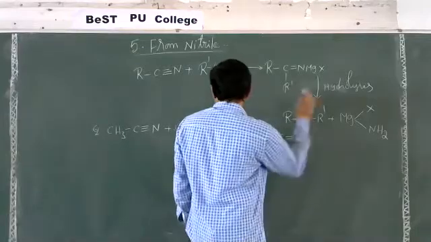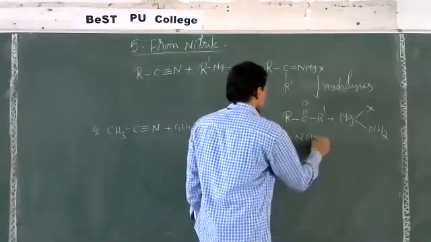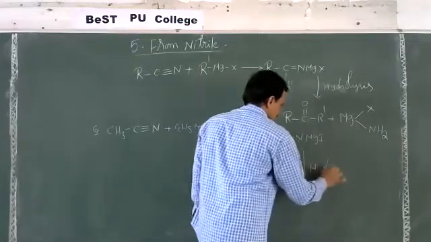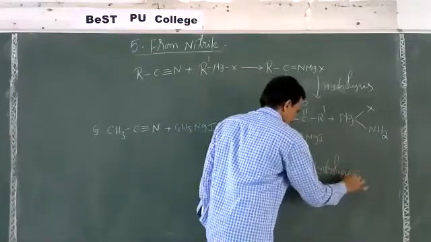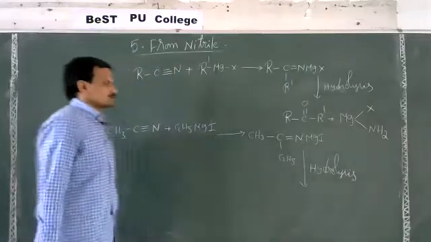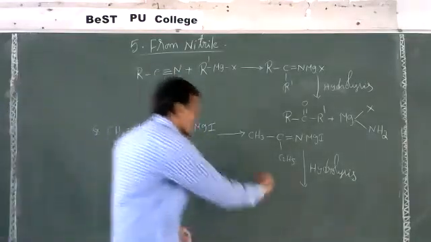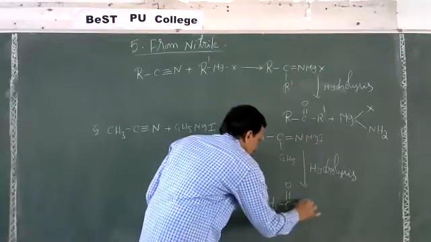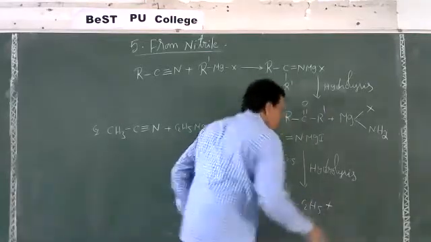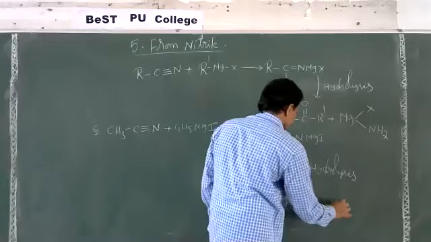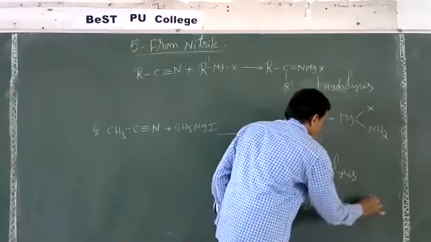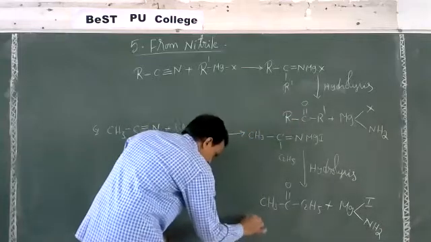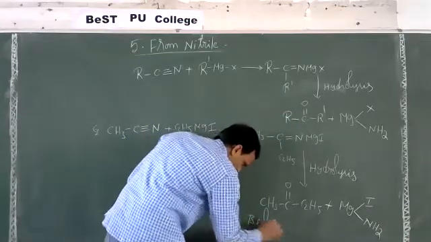C2H5, double bond, NMgI. And this on hydrolysis we can get CH3 CO C2H5 plus MgI NH2, nothing but butanone, butane 2-one.